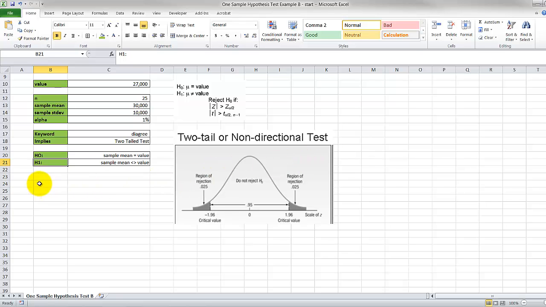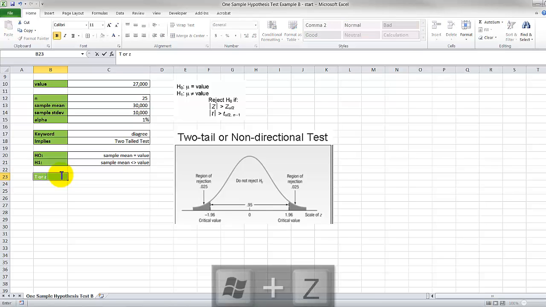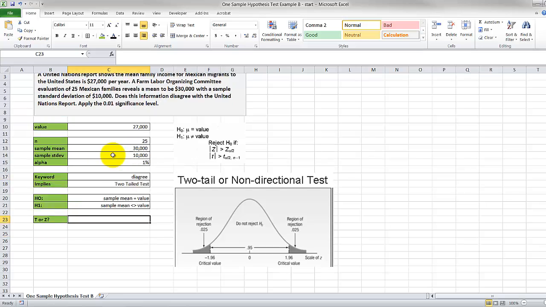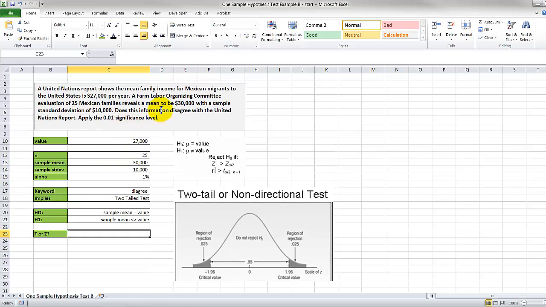Okay, so now we have to make up our minds what test we're going to conduct. Is it a right tail or left tail? I'm sorry. Is it a t test or a z test? So I'll write t or z, question mark. So if we were given specific information about the population, we could use a Z. Let's go ahead and go back to our problem.